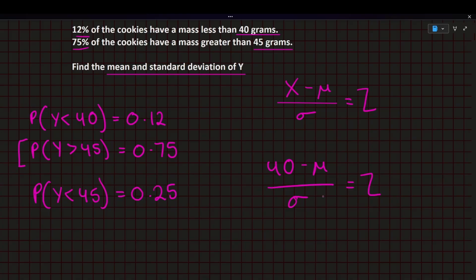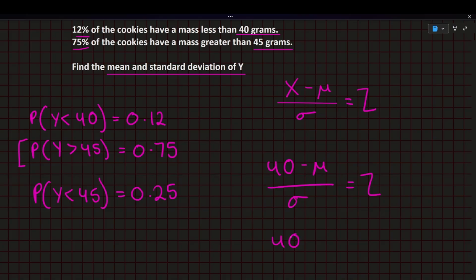And if you have the Casio 991EX, just go to the menu, then go to number 7 for distribution, and then go to 3, which is for the inverse normal, and your area is going to be 0.12. Your standard deviation is going to be 1, and your mean is going to be 0. And this will find our value for z, which is minus 1.175.